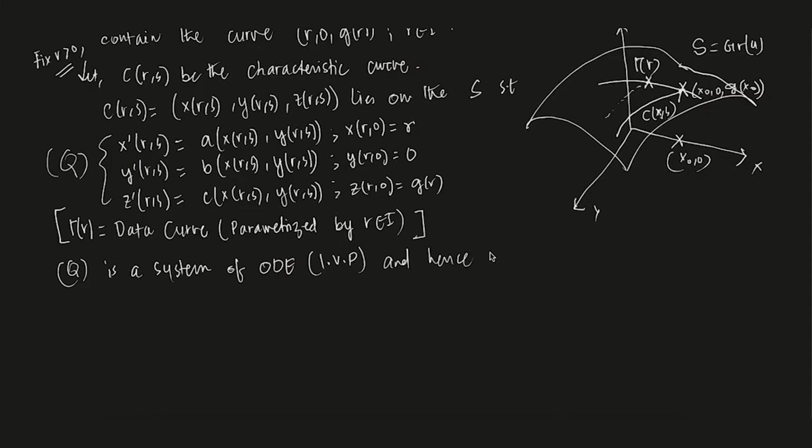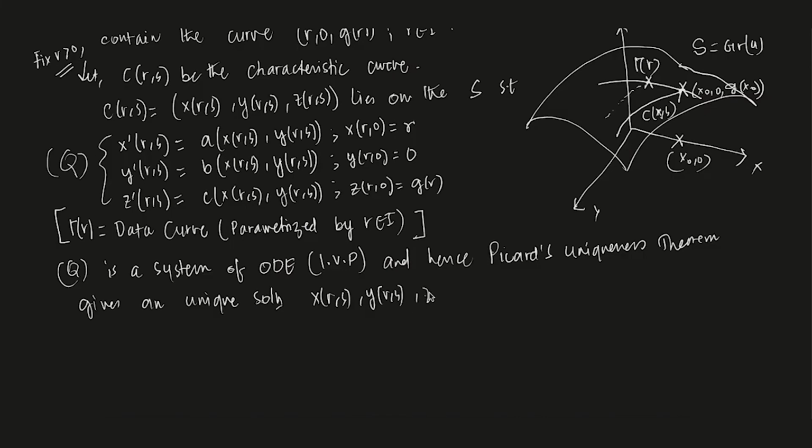Picard's uniqueness theorem gives a unique solution x(r,s), y(r,s), and z(r,s) in a neighborhood of (r,0).